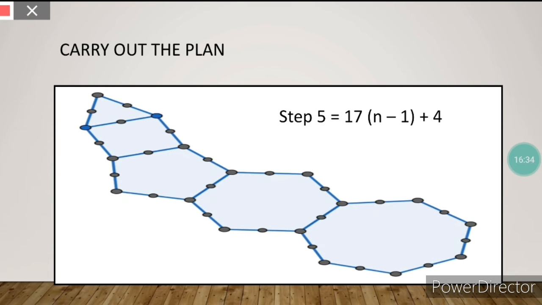In step 5, the total number of dots can be solved using the formula 17(n − 1) + 4.